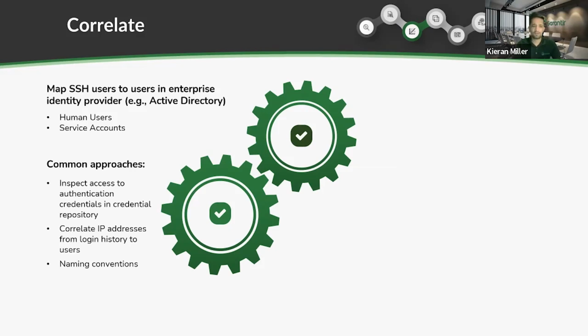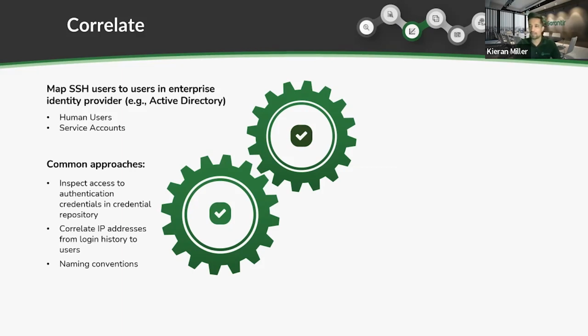There's other ways to do it too. You can correlate IP addresses from the login history for the users, which you can get from the SSH server. It's not a foolproof method. A lot of times there's bastion hosts and things like that used, so the IP addresses won't really map back to the individual user. You can also, if naming conventions were used, follow that. That's not really a great approach though.